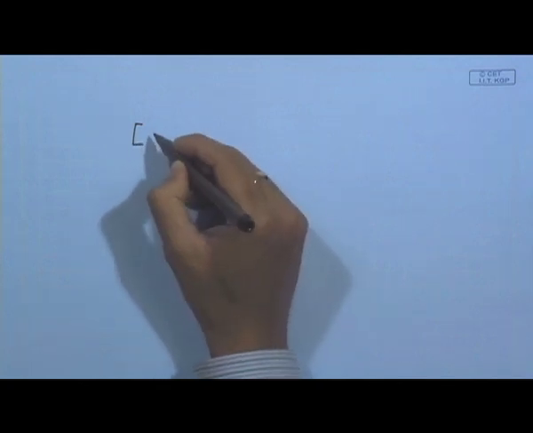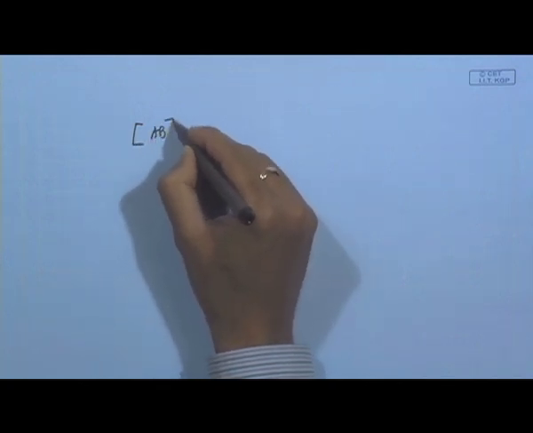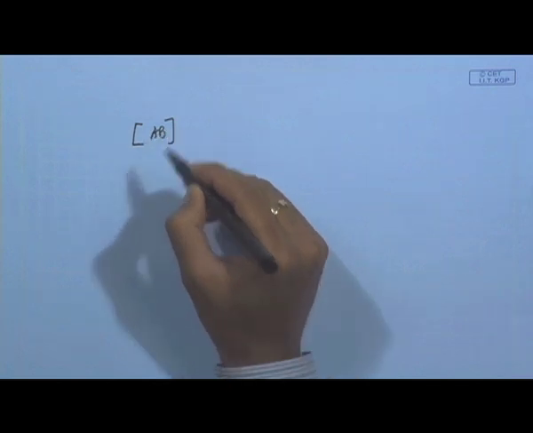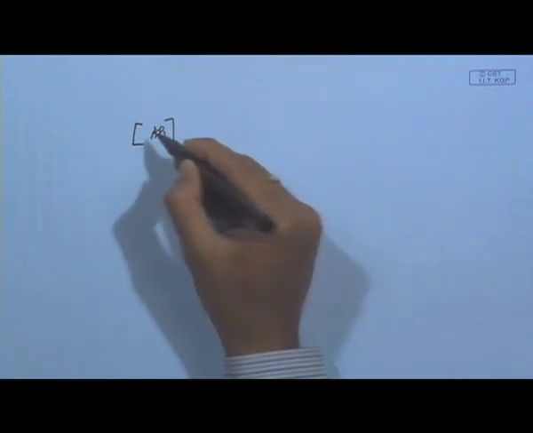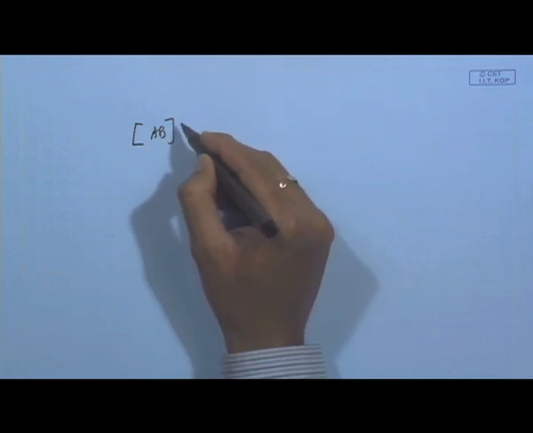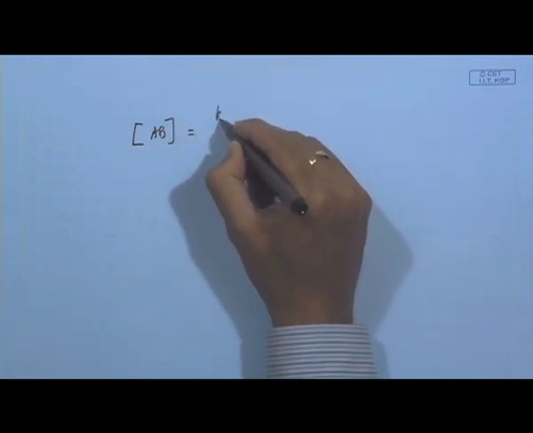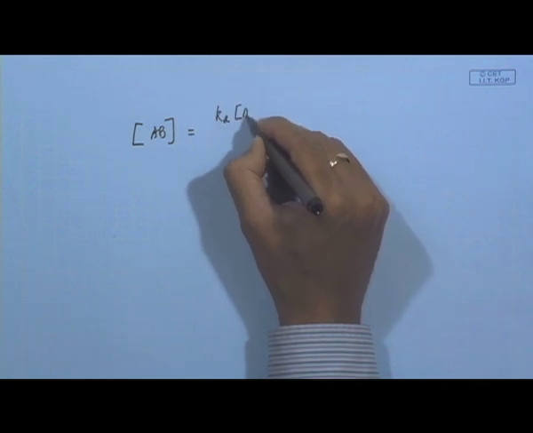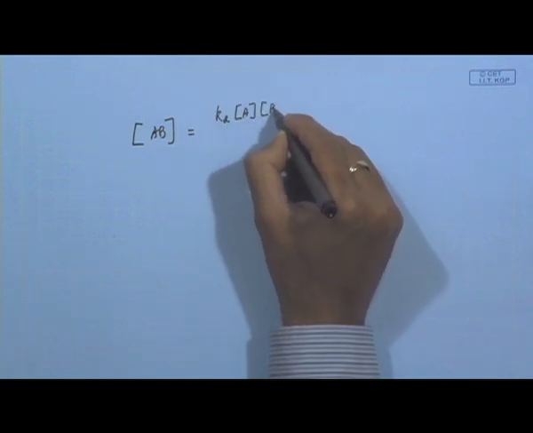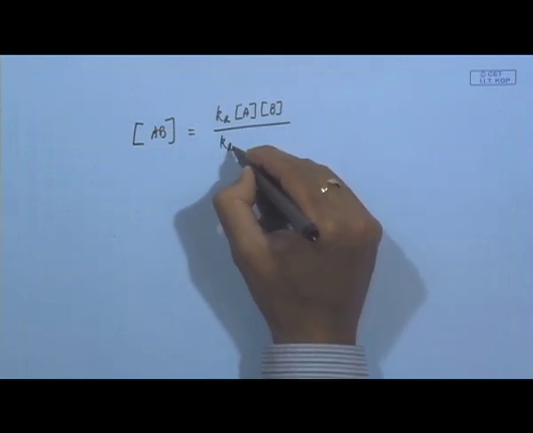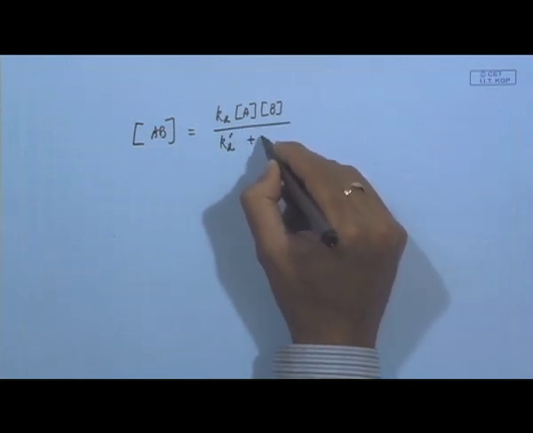This is the species which is formed and which is used up to give the product, so we apply the steady state approximation on this species.